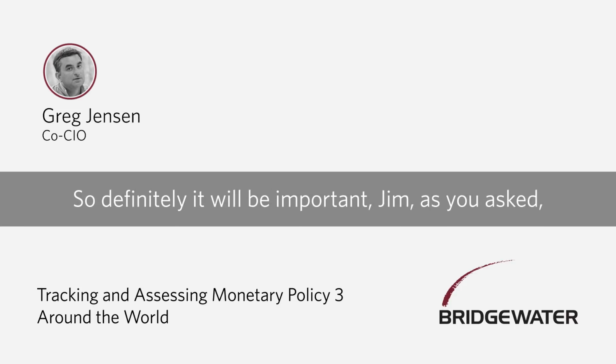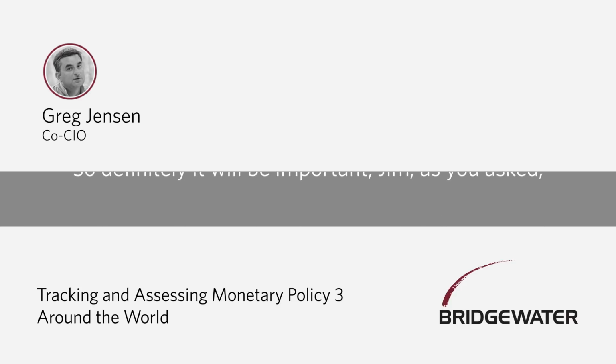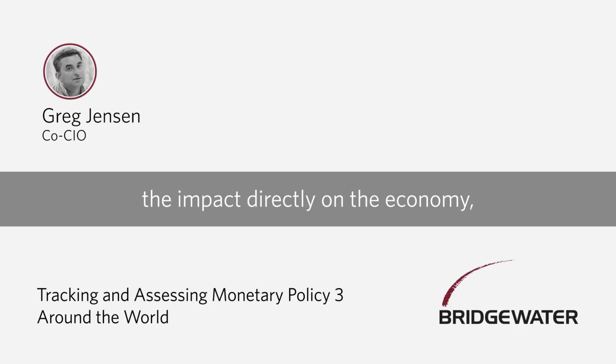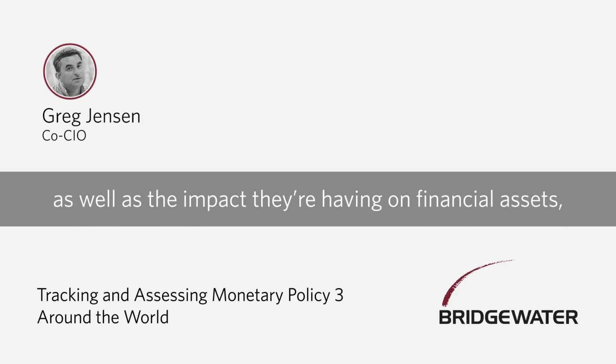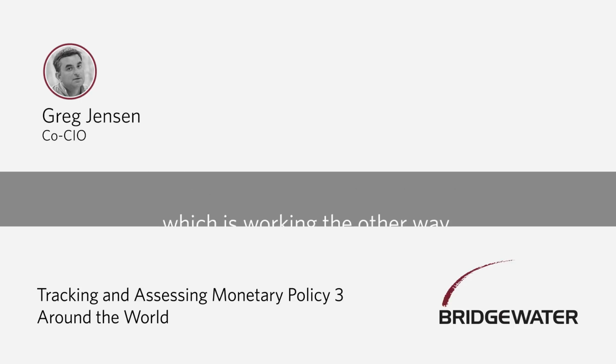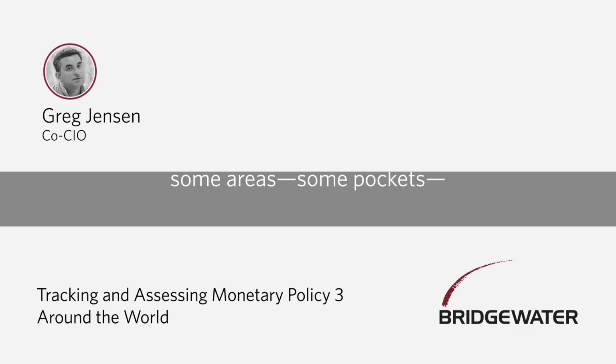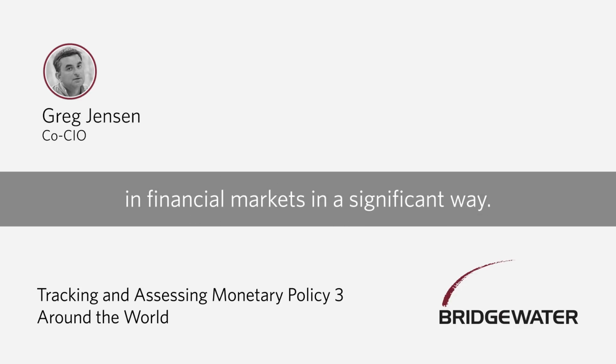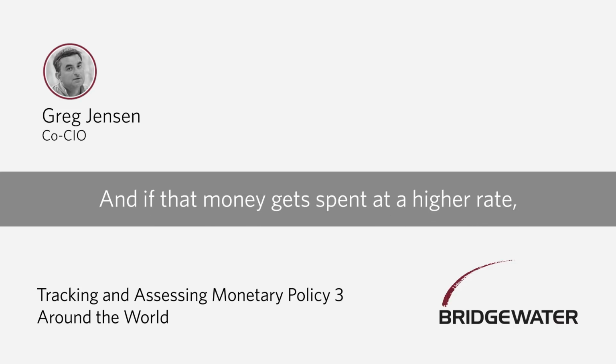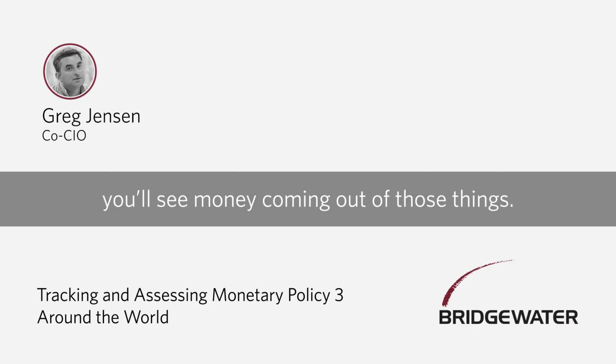So definitely it'll be important, Jim, as you asked, to monitor the savings rate in terms of the impact directly on the economy, as well as the impact they're having on financial assets, which is working the other way. That money being saved is driving up some pockets in financial markets in a significant way. And if that money gets spent at a higher rate, you'll see money coming out of those things.